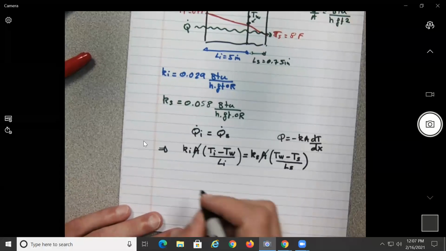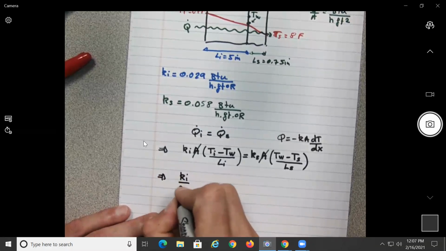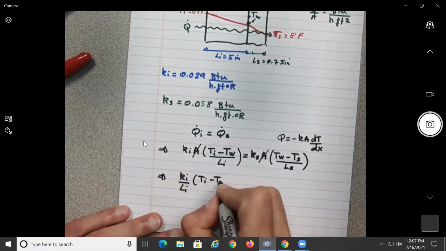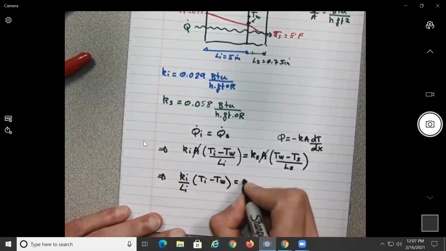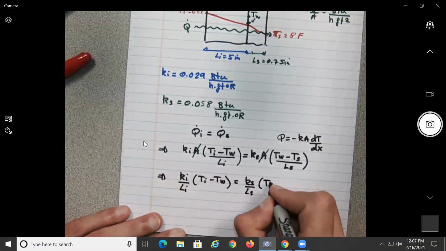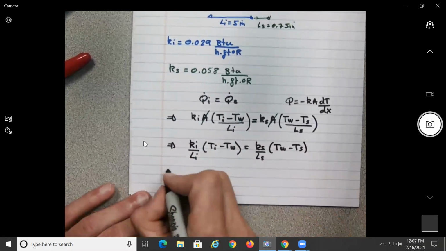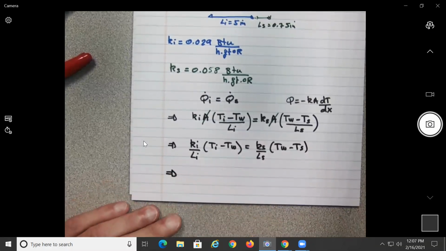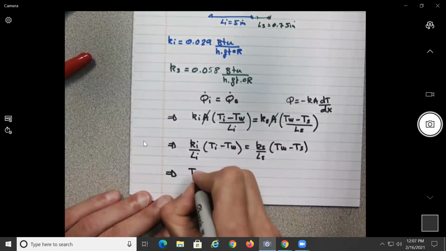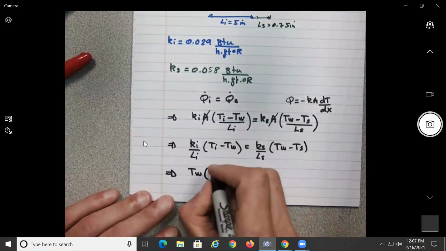What can I say? Let me simplify this a little bit. It will be K sub I divided by L sub I, T sub I minus T wall, equal to K sub S divided by L sub S, T wall minus T sub S. So let's do some algebra. We move the T wall to the right. That will be equal to what?